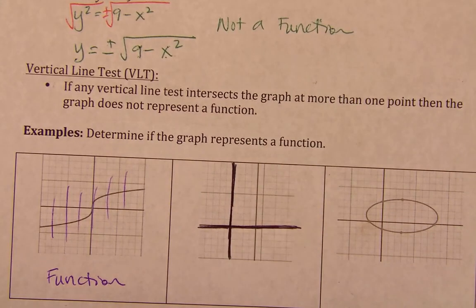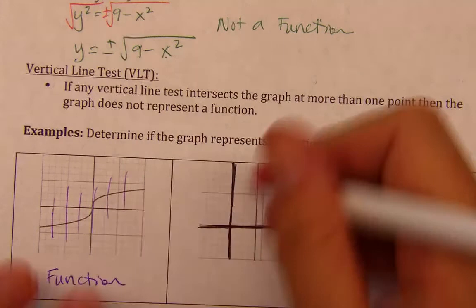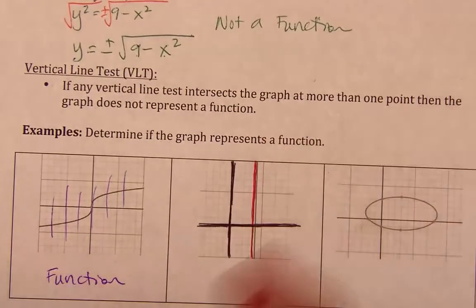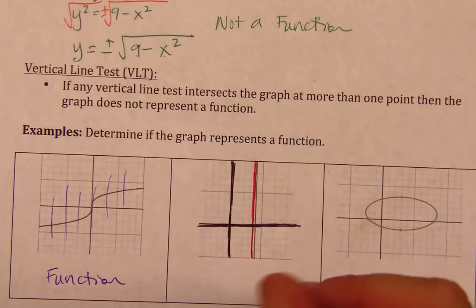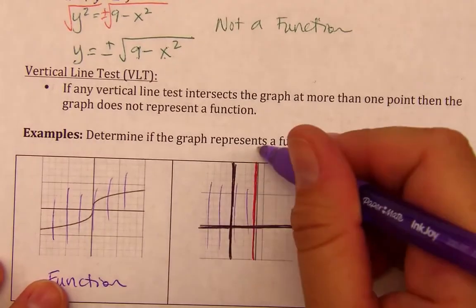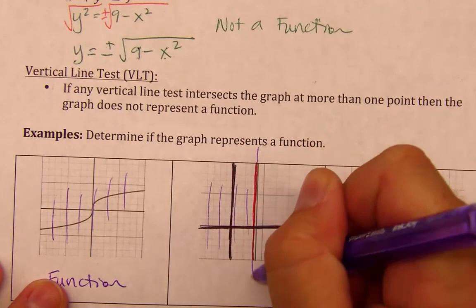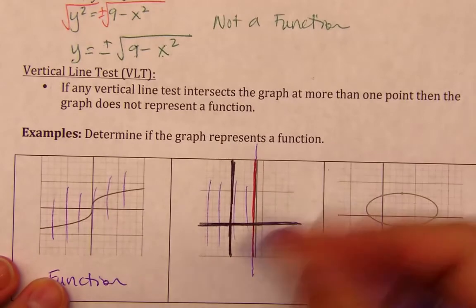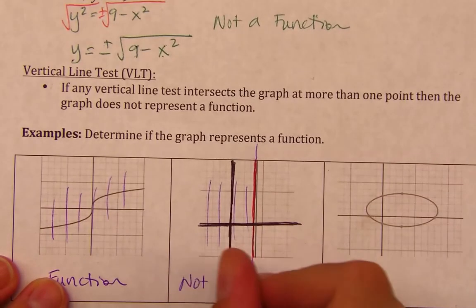And this is my function right here, this vertical line. Now, all of these vertical lines are fine, but this vertical line that I'm hitting here, it's obviously hitting more than once. In fact, it's hitting at every point. So this is not a function.